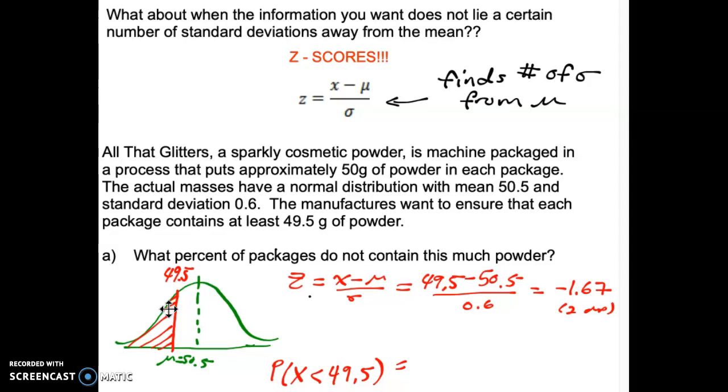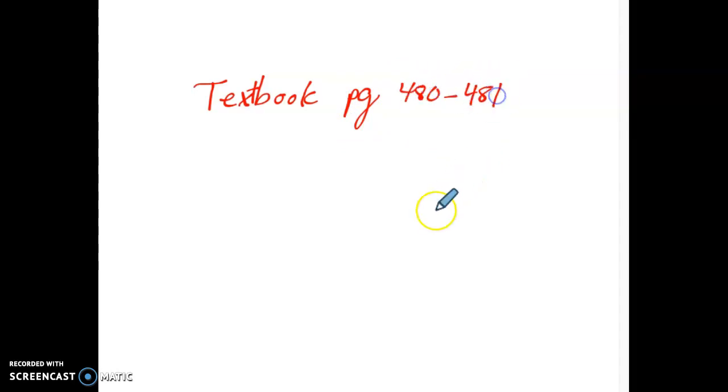What we actually do next is we go to what we call a Z-score table. The table is in your textbook, on pages 480 and 481. That is the Z-score table that you're going to want to use for all your assignments and all the questions.